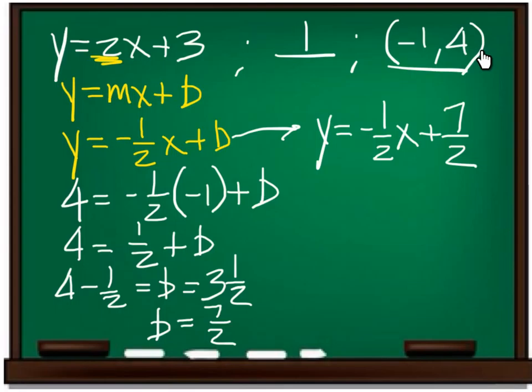We're trying to find the equation of that something that is perpendicular to this and passes through this point. Start with y equals mx plus b. You're using negative half because it is the negative reciprocal of 2. And then plug in the point. Solve for b, 7 over 2, and plug it back in for the b spot.